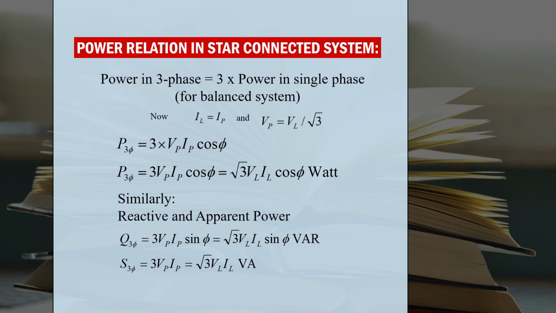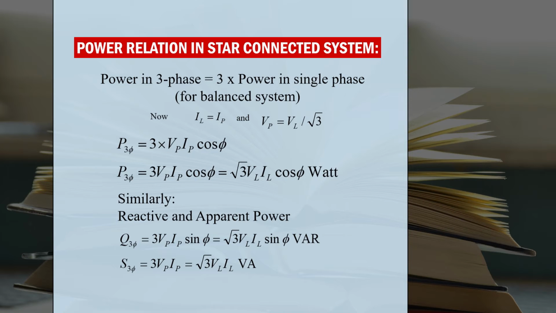So just put the value of VP, VP is equal to what? VL upon under root 3, and IP is equal to what? IL. So after solving, you will get the power relation in star connection, that is P 3 phase is equal to root 3 multiplied by line voltage multiplied by line current multiplied by power factor. And the unit of this power is generally denoted in watt.